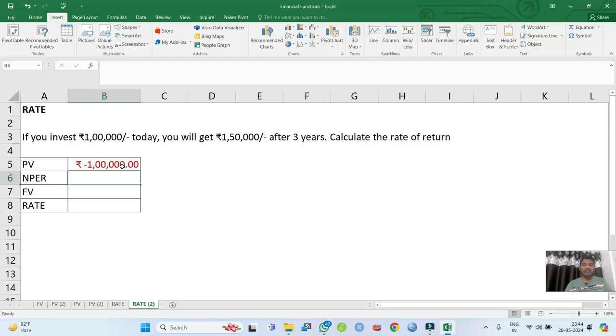Then NPER is 3 years. You can directly give 3, because here we are calculating per annum, not quarterly. We are calculating how much rate of return per annum. The future value is 1,50,000.